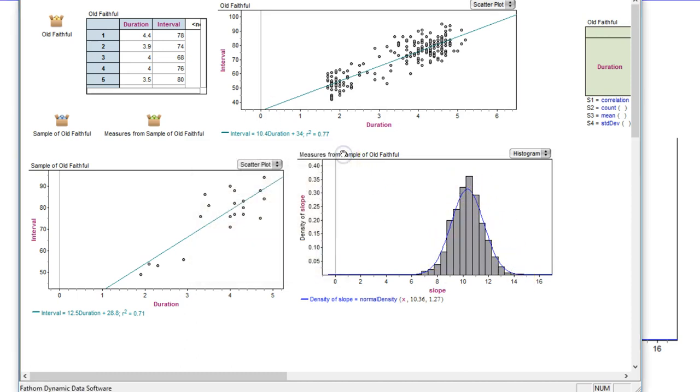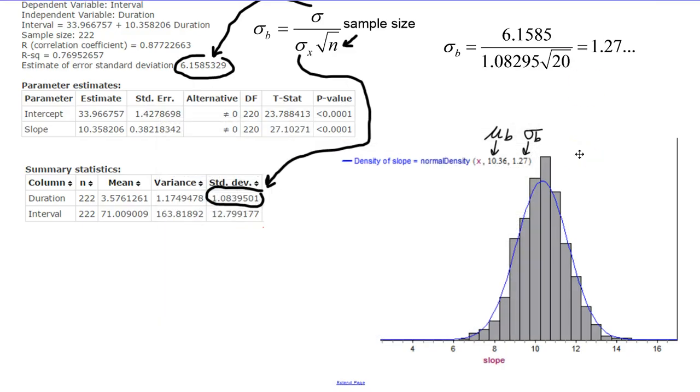So we're going to look at this graph a little more closely back on the smartboard file. Here is the population slope, and here is the standard deviation that we calculated here. If we create a normal model with this mean and this standard deviation, notice it fits quite well with the distribution of sample slopes.